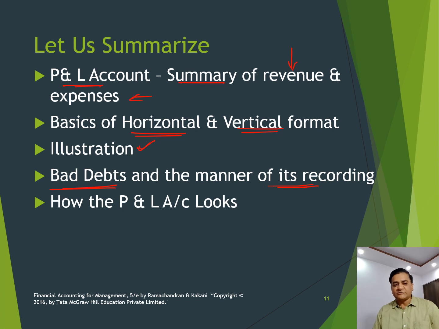All you need to know is that bad debts would reduce your profit, or your equity, or your retained earnings. Then we saw how the profit and loss account looks. We have taken an example, and I said that we will be using this example throughout our classes. What are the contents which go into the P&L account or the income statement?